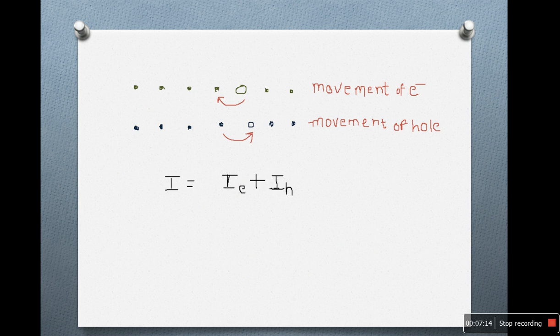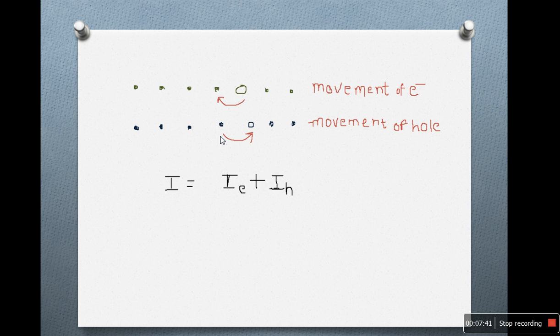If you observe this diagram, the electrons move in this direction in the conduction band, and in the valence band the holes move in the opposite direction. From the valence band the electron moves into the conduction band, so in the valence band we get an empty energy level.